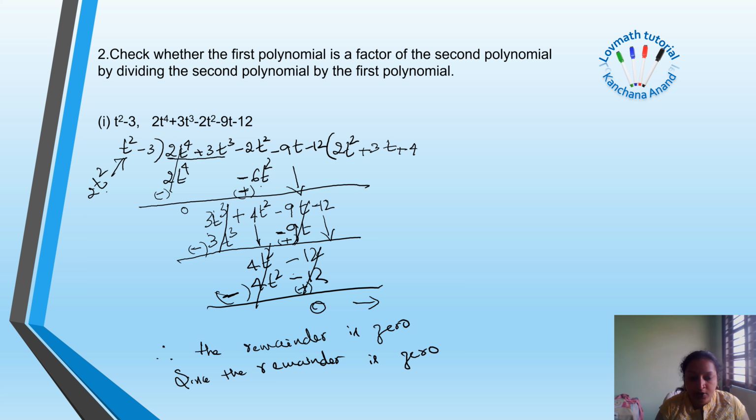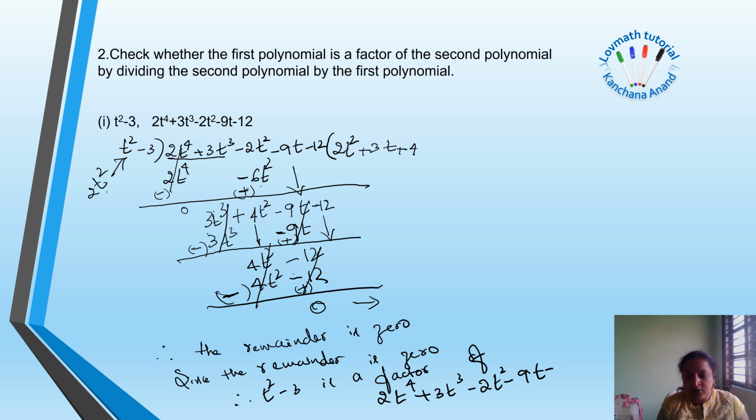That is, therefore, t square minus 3 is a factor of 2t to the power of 4 plus 3t cube minus 2t square minus 9t minus 12.